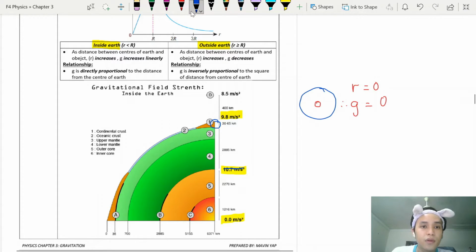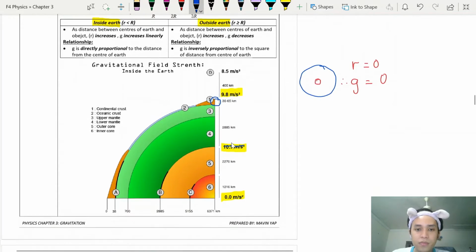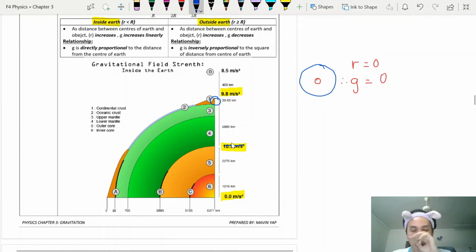As you travel from the core to the surface of the Earth, you will notice that your gravitational acceleration is increasing. Therefore, in the graph or the statement here, as your radius increases, your g also increases. Now, why does this happen?